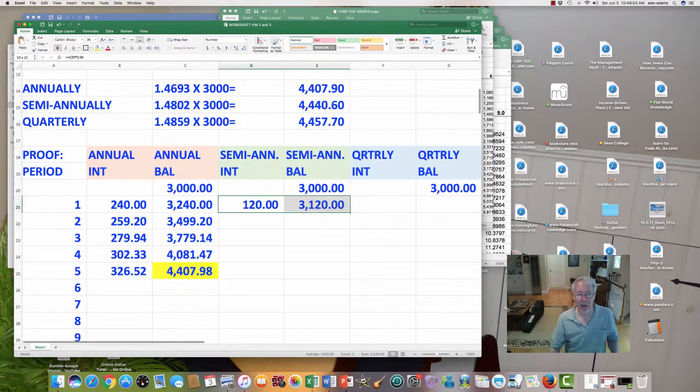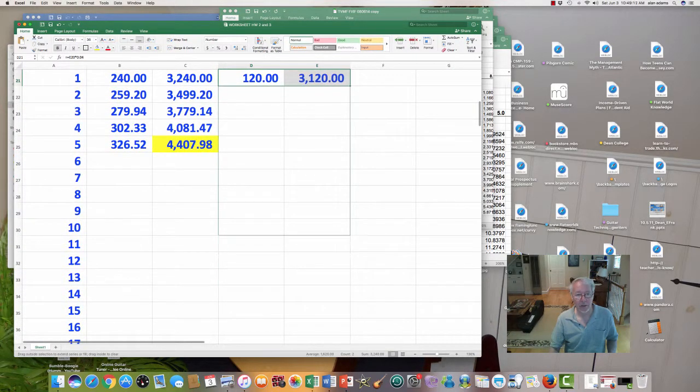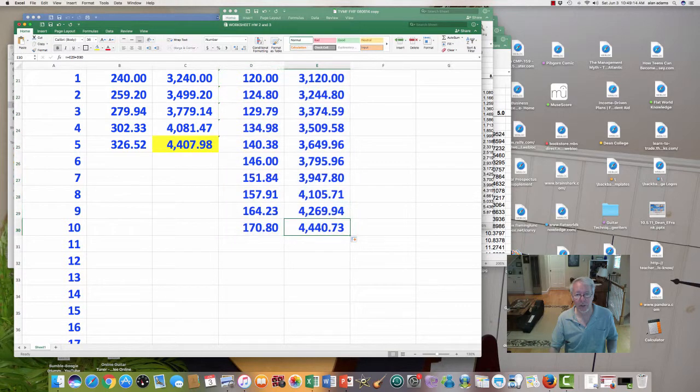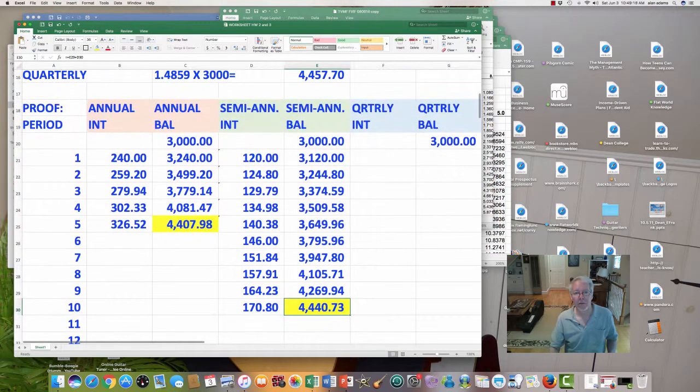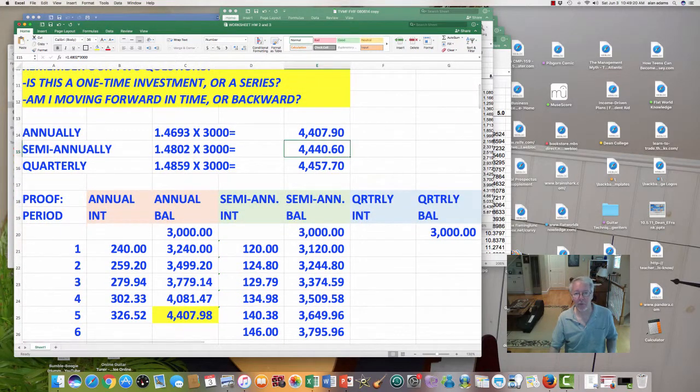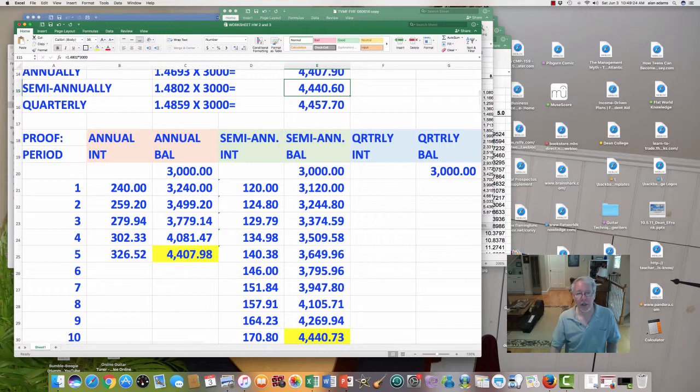Now when I compound that out, make sure you take it. I don't expect you to do the proofs, but this is going to send you a message. Let's make sure that number works. There it is, 4440.73, 4440.6, close enough.